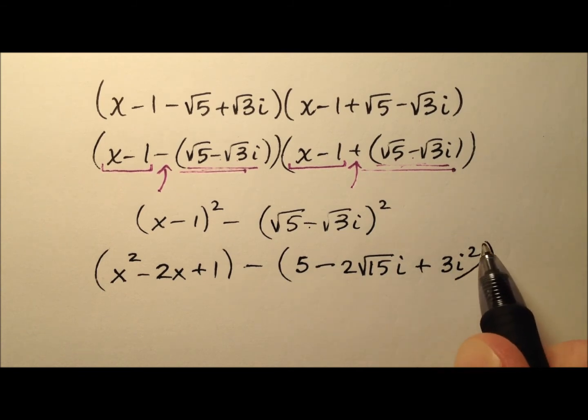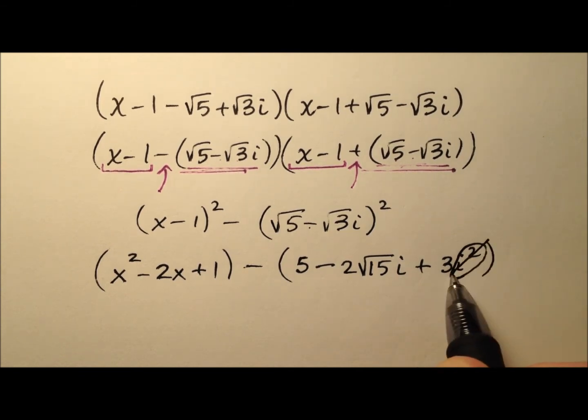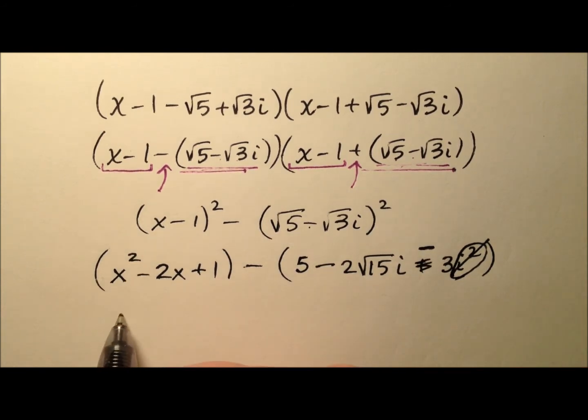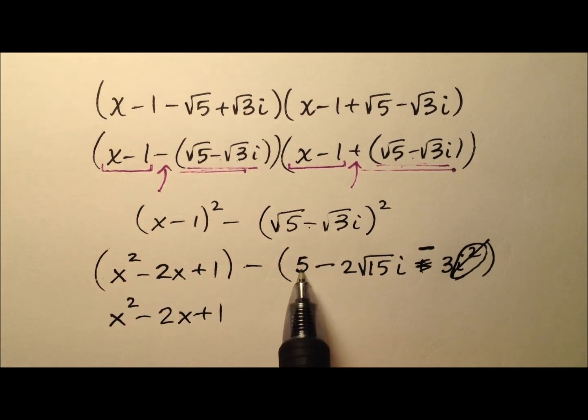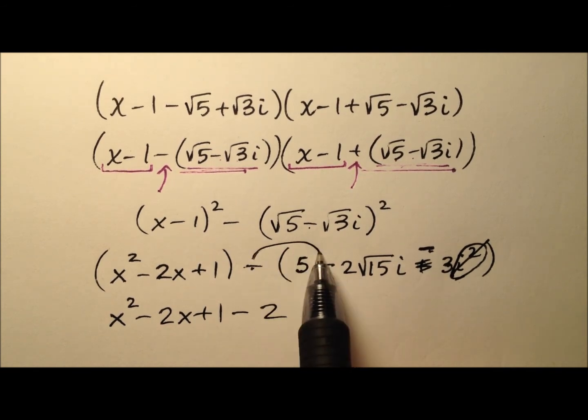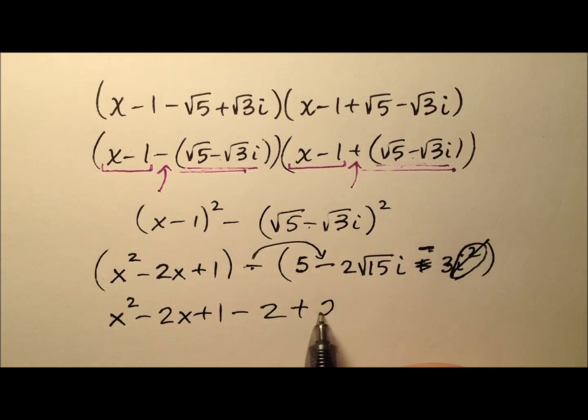Okay, well, i squared I know is a negative 1, so this plus will go down to a negative. And so x squared minus 2x plus 1. So 5 minus 3 is 2, so minus 2. And this negative here makes this plus 2 radical 15i.